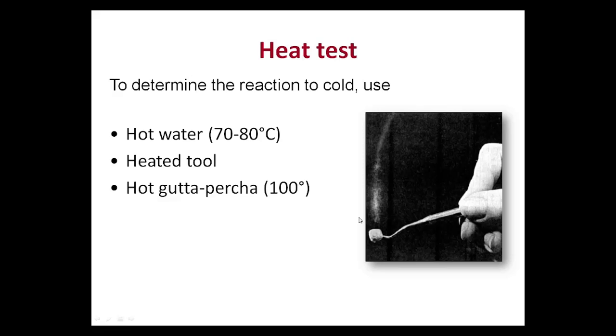And another test, opposite to cold, is the heat test, to determine the reaction to hot, not to cold, just hot: water about 70 to 80 degrees, heated tool, and hot gutta percha.